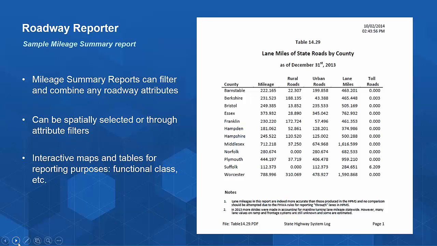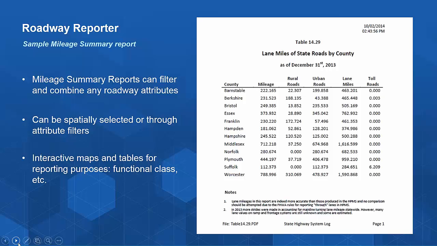So it's probably the basic mileage summary report that's the most commonly used among DOTs. As mentioned, you can select based on any geography, by county, by any other geography, and then simply select whatever attributes you wish to summarize.